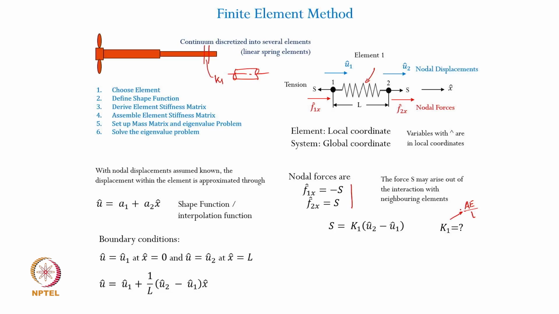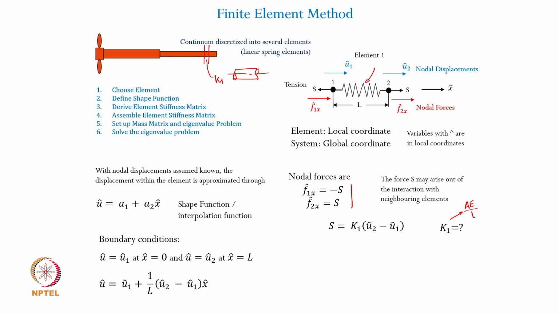Okay. So, if we discretize this into finer elements, even if the cross sectional dimensions are in general varying, you can assume it to not vary within the small segment and then take the average cross sectional area and the material property and the length dimension to find out the numeric value of the K1.